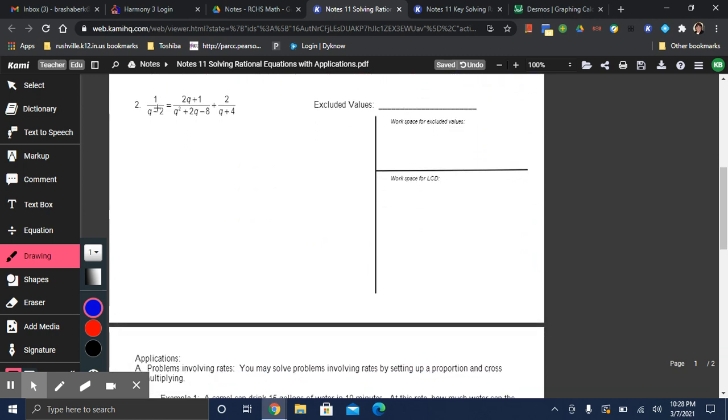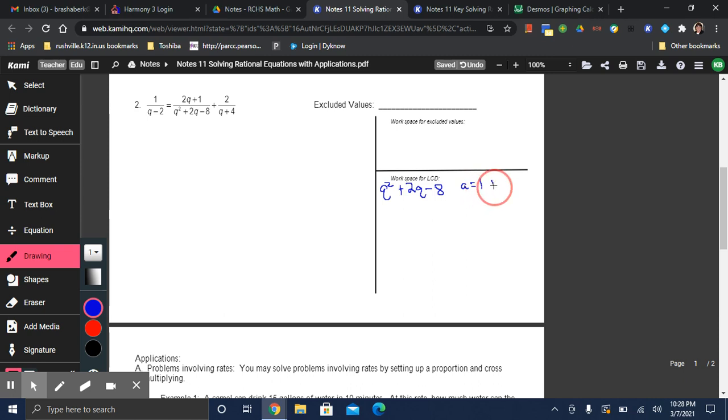I'm going to work this one in the same way, starting with my denominators, and I'm going to work on the one that has the squared term. So q squared plus 2q minus 8. Now, that is something that needs to be factored. And I'm just going to go back over factoring with you.